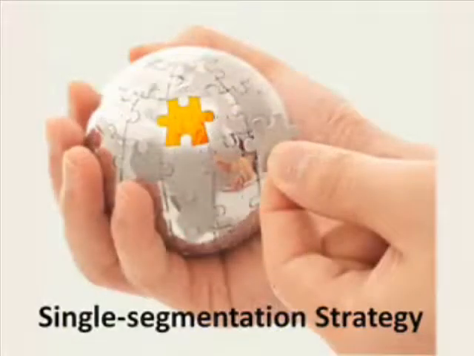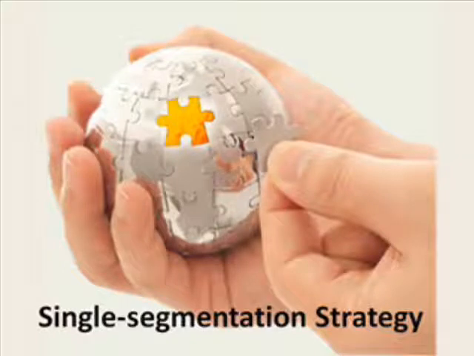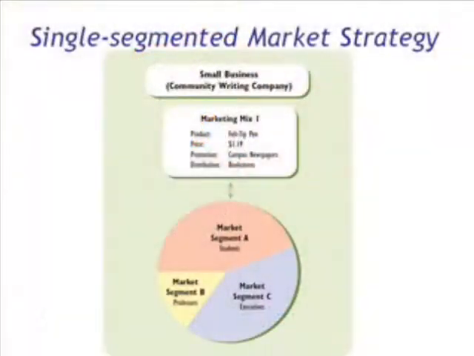The single segmentation strategy recognizes the existence of several segments but targets one segment that the firm believes will be most profitable. This is usually the best strategy for small firms. The single segmentation strategy usually allows small firms to use their limited resources more efficiently.